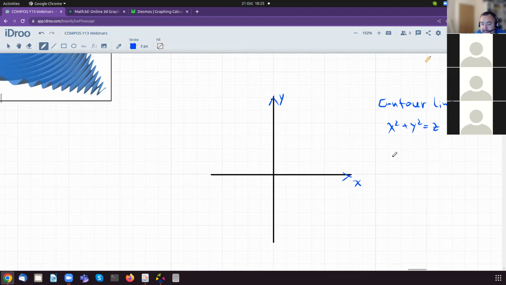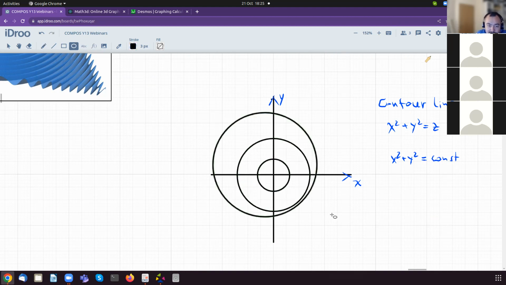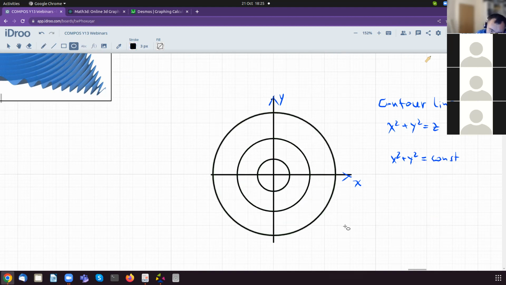And for different Z's, it's going to be X squared plus Y squared equals constant, because for a different Z, the contour lines simply are circles. So these are the lines of equal height or equal potential.